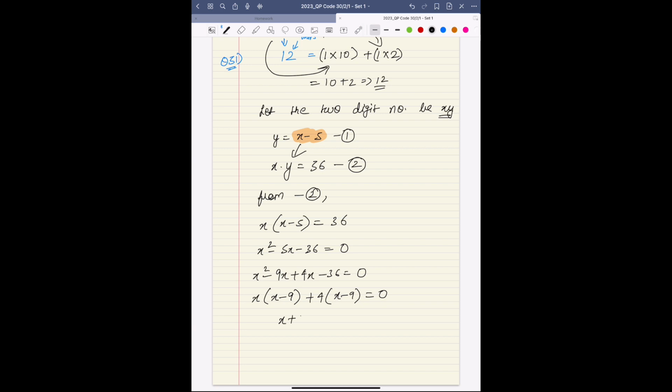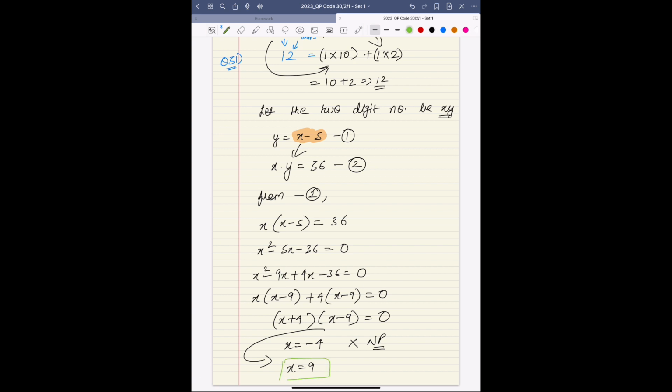So you get x plus 4 and you get x minus 9 is equals to 0. Now, which value to take? Of course, it's a two-digit number and they did not say that it is negative, right? So, of course, the digit cannot be negative, right? X is equals to minus 4, not possible. So, you will take x is equals to 9. This is your first digit.